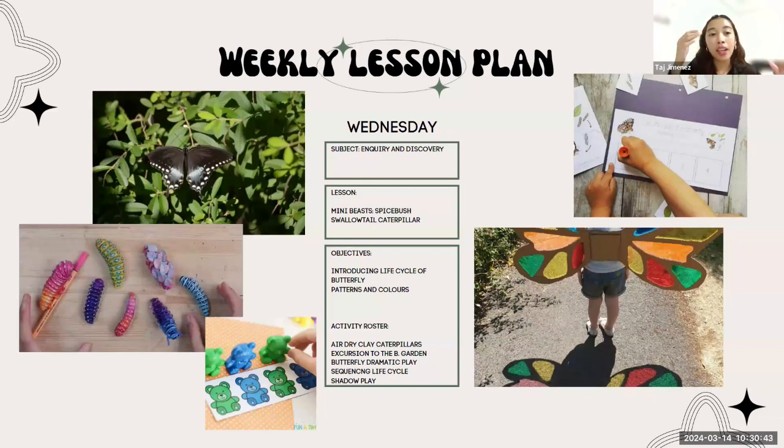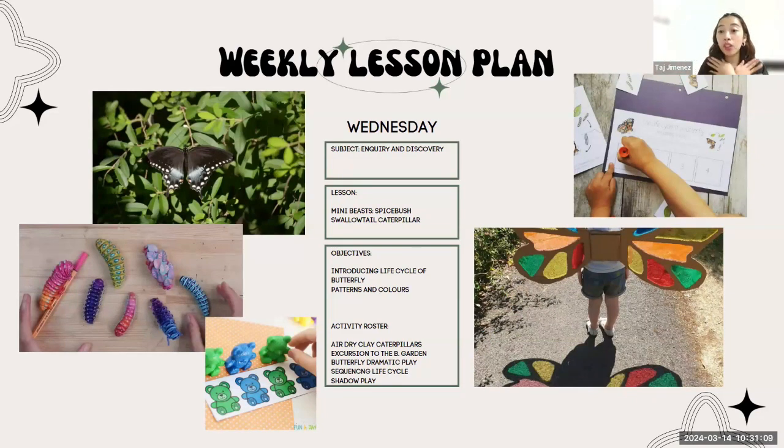You see, it doesn't have to be a whole group lesson all the time. Sometimes, to accommodate all of these multiple intelligences, you really have to chop it up into different learning zones and expose children in groups. So maybe you have 20 children with you.